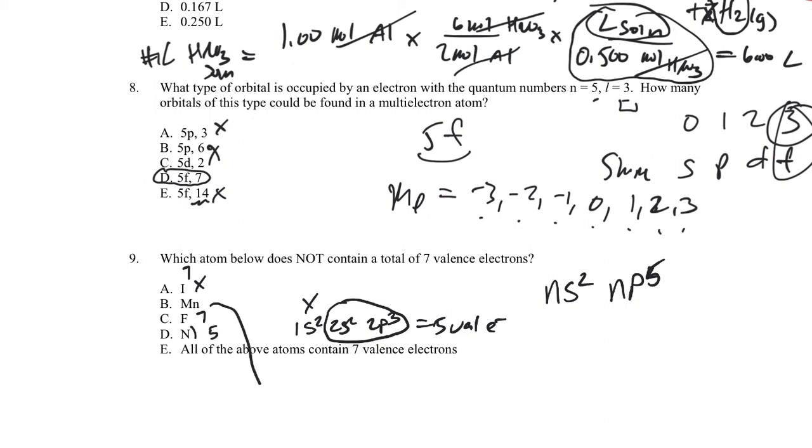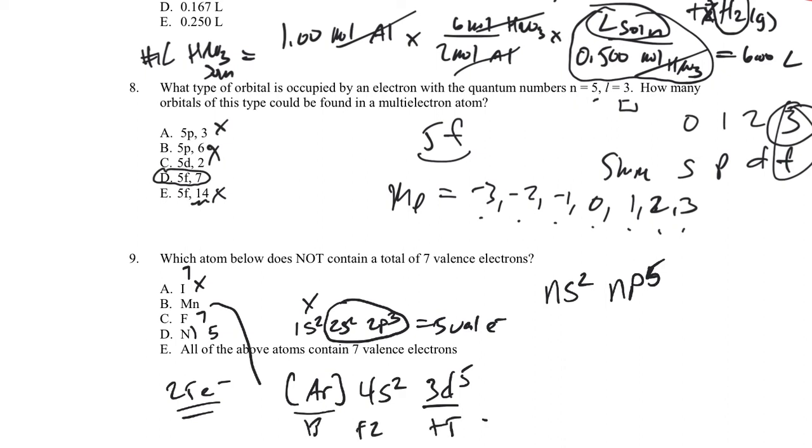Now manganese, let me do the configuration down here. Manganese is in the 4th row, so its configuration would be the argon configuration followed by a 4s2. Then it's 5 over in the 3d subshell. So manganese has 25 electrons. It's the 25th element. So 18 plus 2 plus 5 gives us 25 electrons distributed.